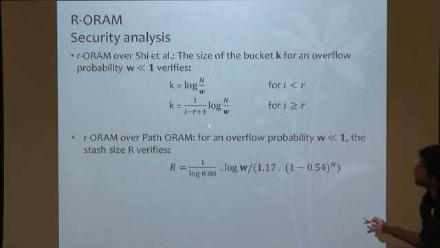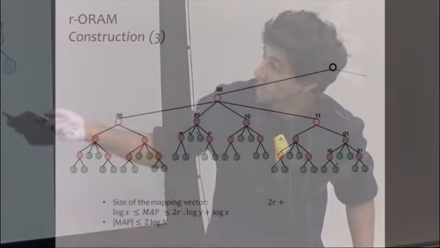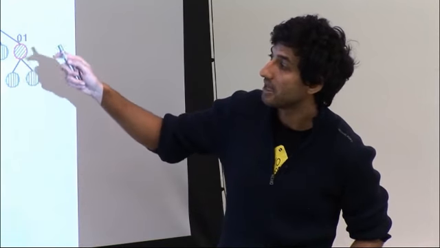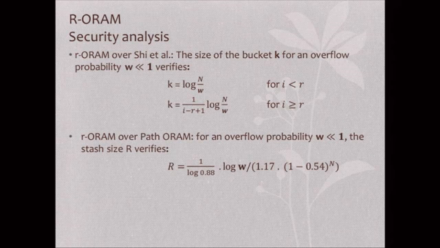Surprisingly, we are reducing the block size for levels that are more than r. If we come back to this structure, the levels go from r log y to r log y plus log x. If the level is larger than r, the block size we can just set to this value.